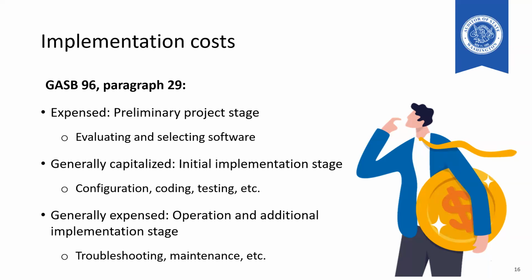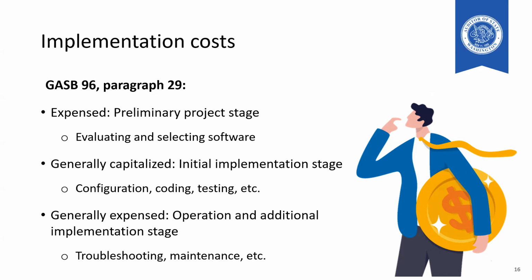If you have multiple modules, for example, let's say accounts payable, accounts receivable, and payroll, and they're all deployed at different dates, this stage ends when that first module is ready to be used, even if you're going to deploy those other modules later. Generally, the costs incurred in this phase are capitalized. But if you have a short-term SBITA where you're not recording any SBITA asset, then you expense everything in this stage as well.